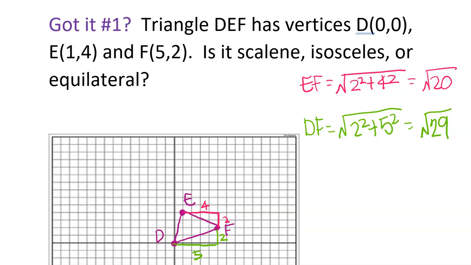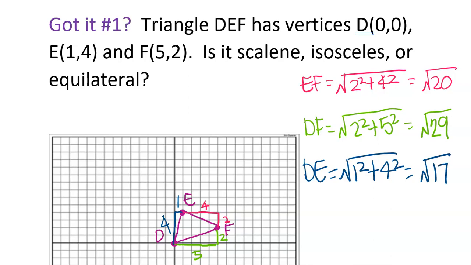And then we have to do the other side as well. One and 4. DE is the square root of 1 squared plus 4 squared. That would be 16 plus 1, or square root of 17. So are any of those the same? No. Nope. So this one is scalene.